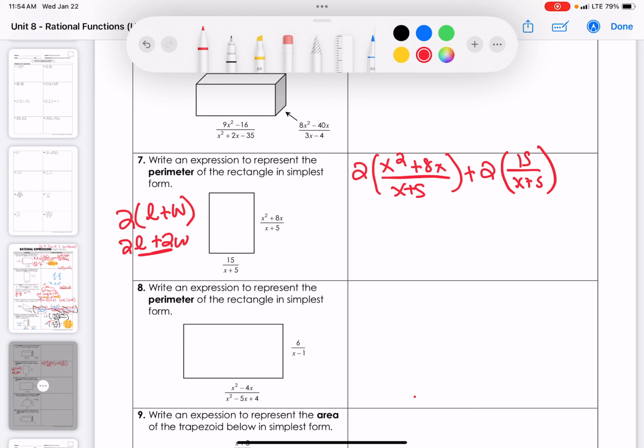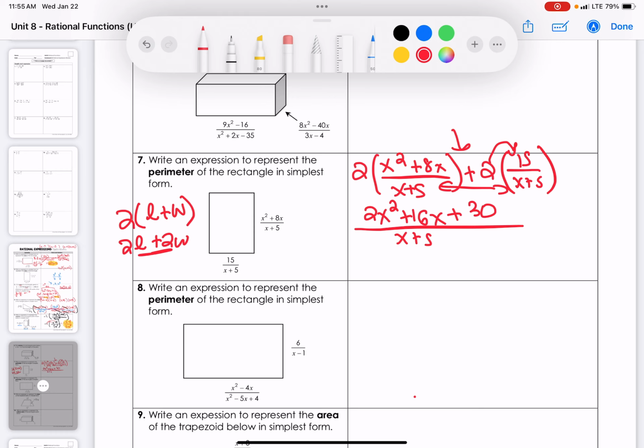All right, so once I simplify this out, I got 2x squared plus 16x plus, I'm just going to go straight across because they both have the same denominators and we're adding, so we could just combine the two. So plus 30, 2 times 15 is 30. Then all over x plus 5.